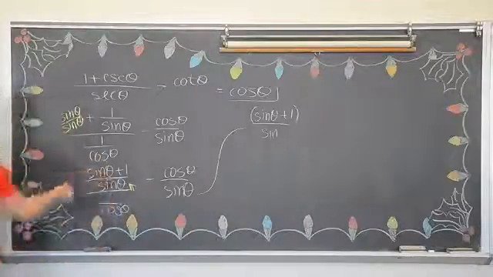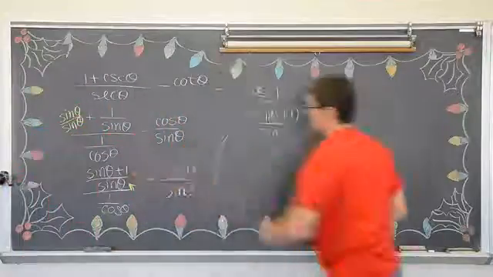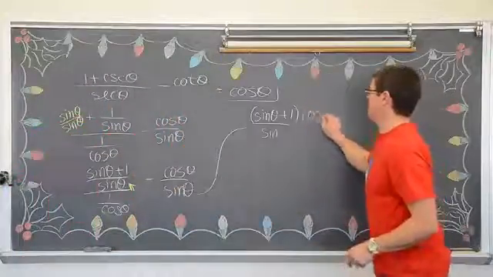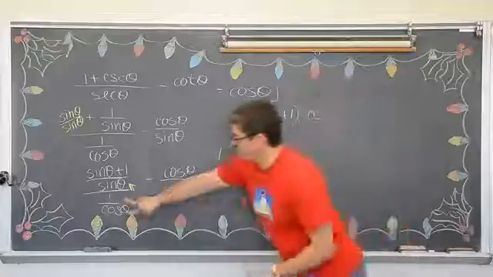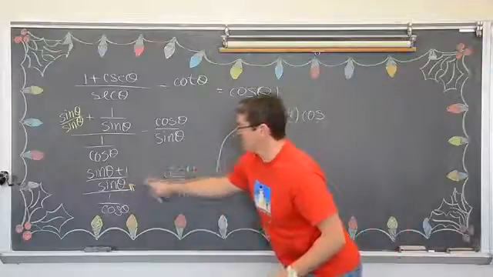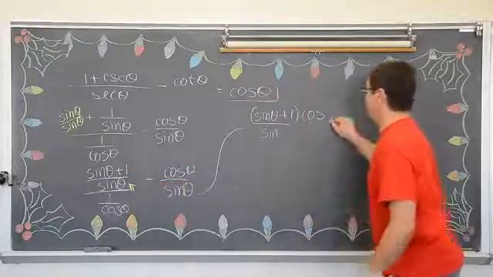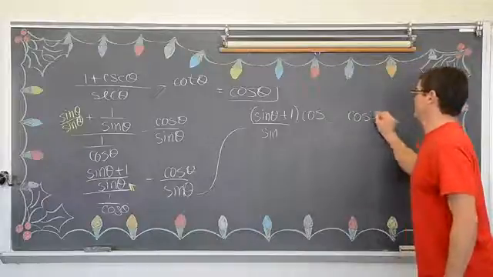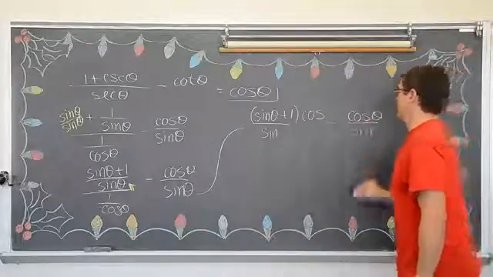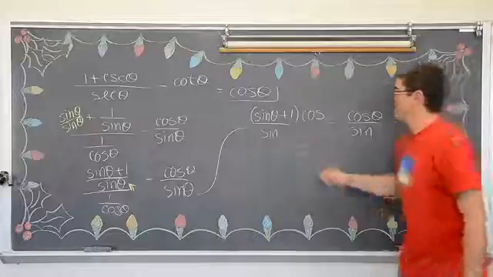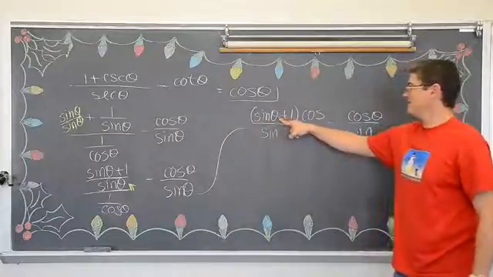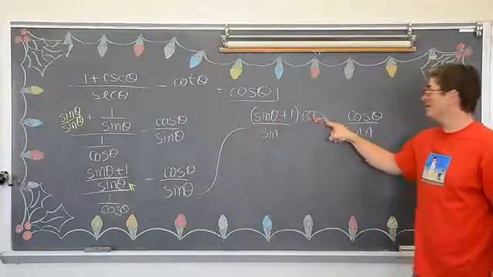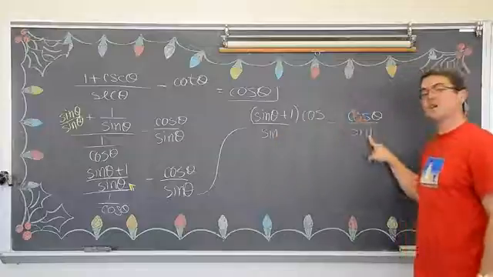That's going to get flipped up and be sine theta plus 1 times cosine over sine. Again, this bottom gets flipped up. The second fraction already has a sine in the denominator. Now look, we've got sine theta plus 1 times cosine minus cosine over sine.